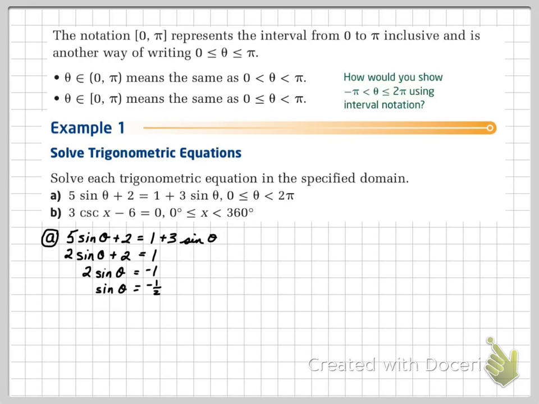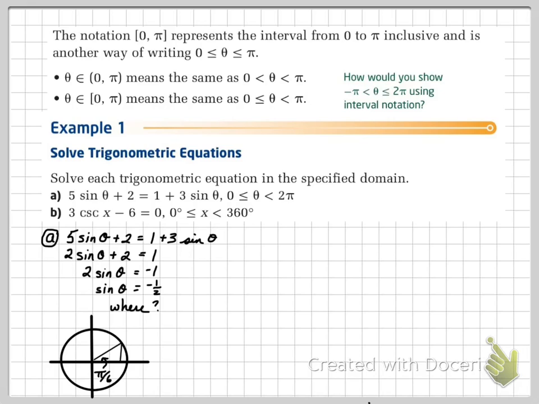Now I have to ask where, over my unit circle, is sine theta going to equal negative 1/2? Well, if you look at your unit circle, remember your CAST rule, where is this going to be negative? Sine of 1/2 is a 30-degree angle, or pi over 6.